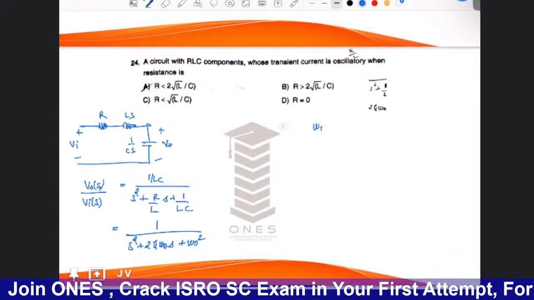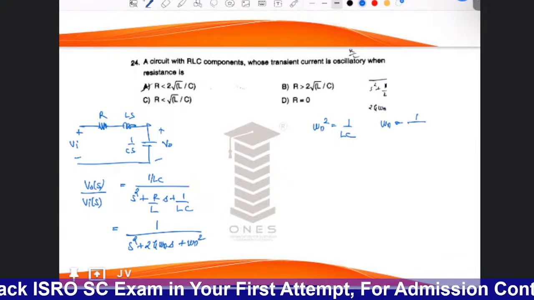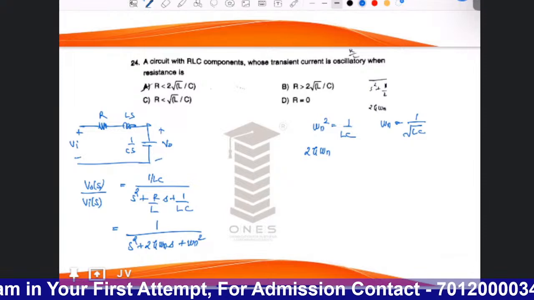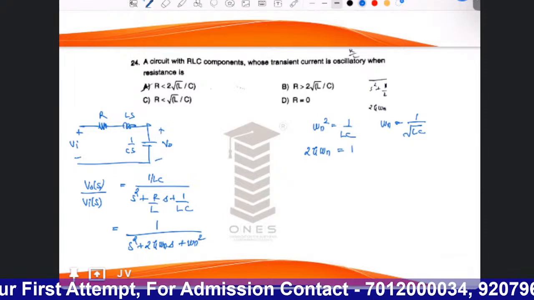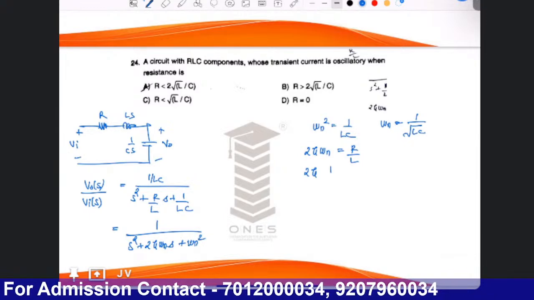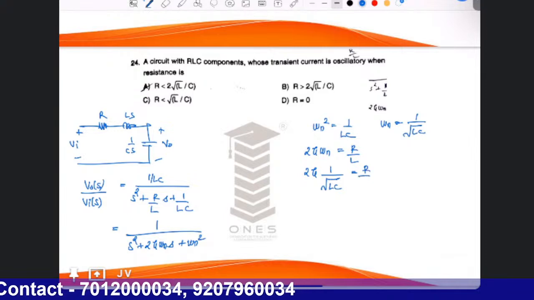So omega n square is 1 by LC. So omega n is 1 by root LC, and 2 theta omega n is equal to R by L.